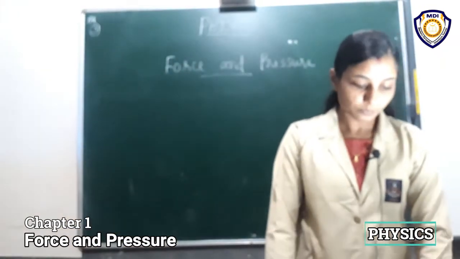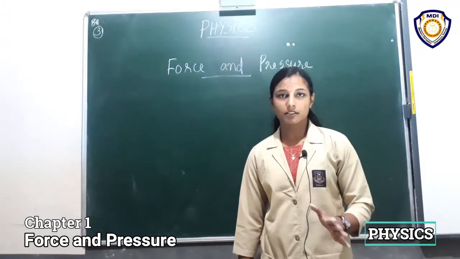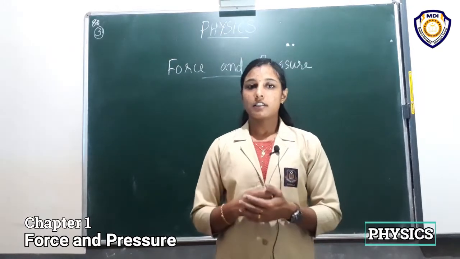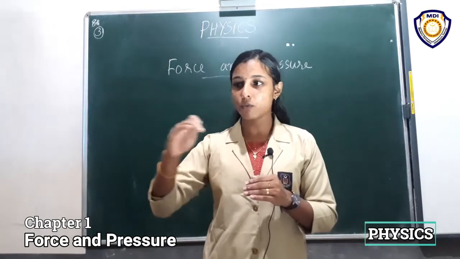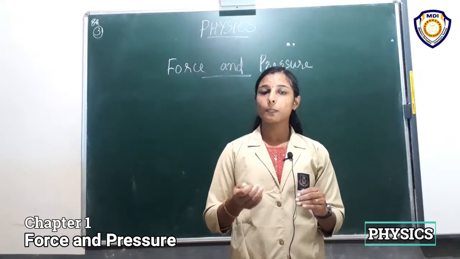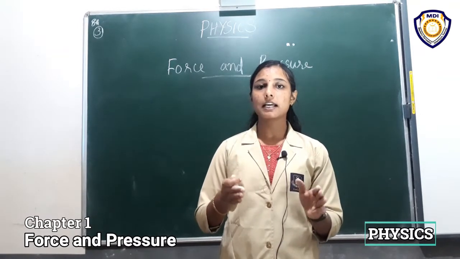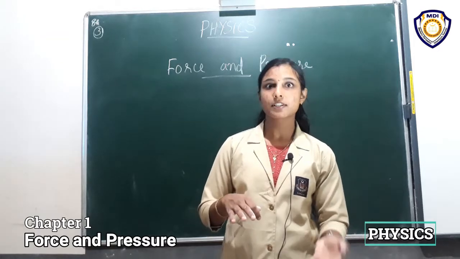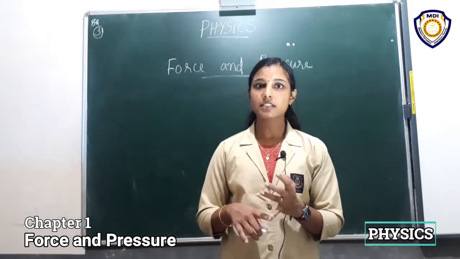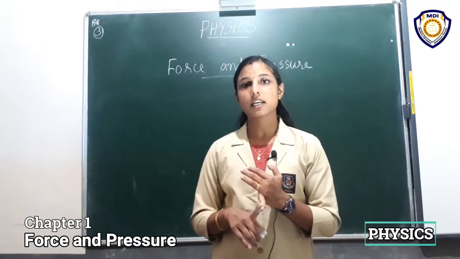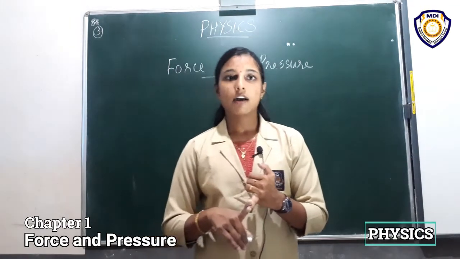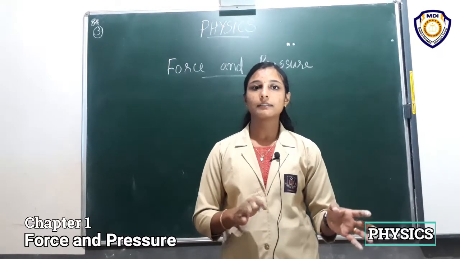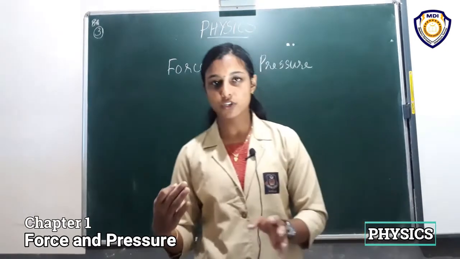So that is all about state of motion, right? It's not only the state of a moving object; the object at rest is also in a state of motion. That means the speed of the object is 0 when it is at rest. So both these are states of motion.